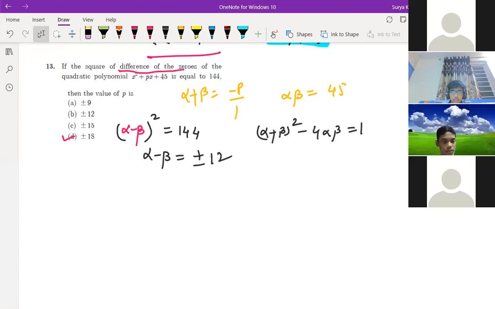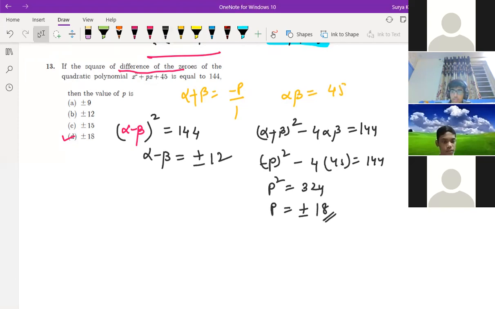Then minus p whole square minus 4 into 45 equals 144. Then p square equals 144 plus 180, that is 324, and p is equal to plus minus 18, right? Yes, sir. So this is a long procedure we have to do.